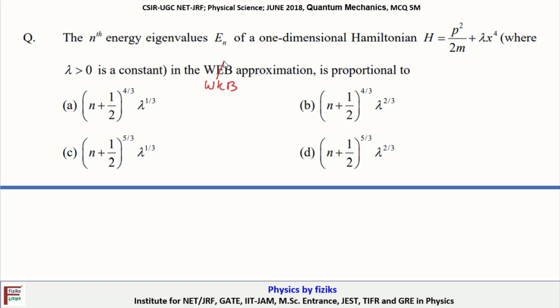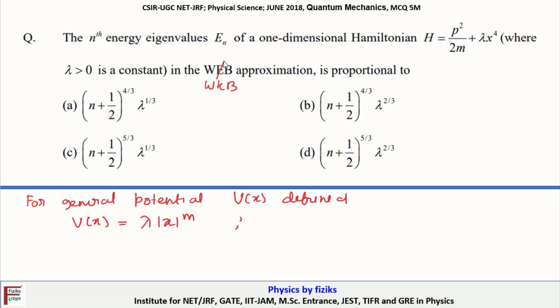So we would be writing one general result for a general potential V of x defined as V of x equals lambda mod x to the power m.